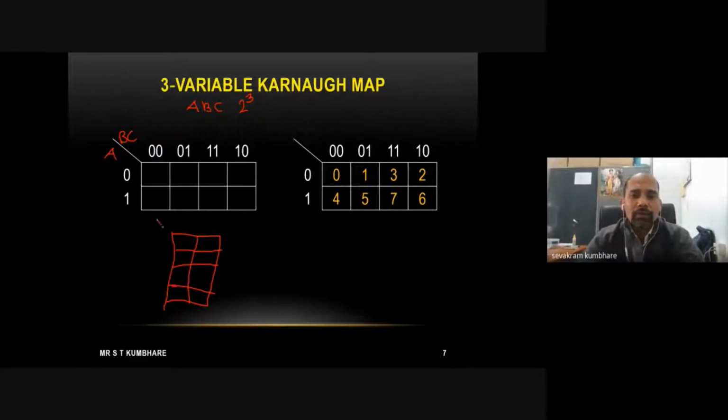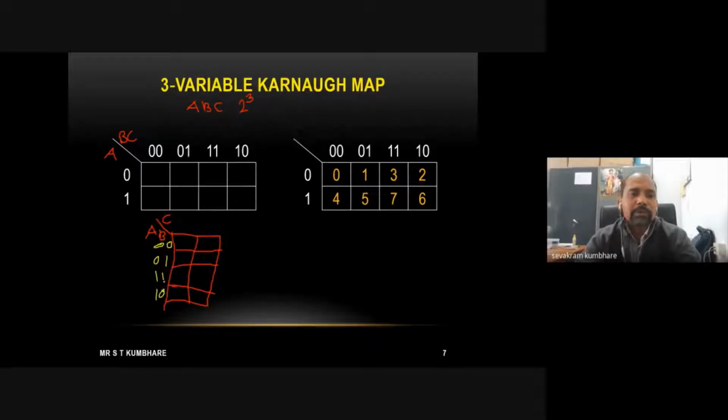Now how to represent this vertical cell? This is the question. Since vertically it has 4 cells, I can mention it as A and B, and this I can mention as C. How to name it? Let's see. This will be 0 0, this will be 0 1, this will be 1 1, and this will be 1 0.